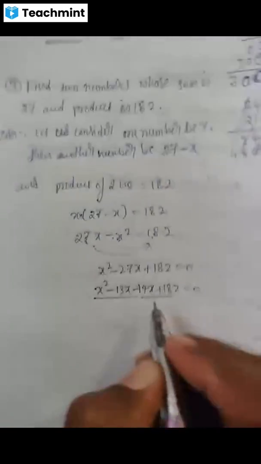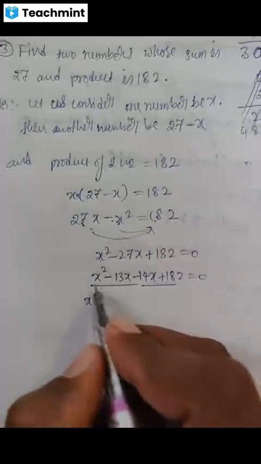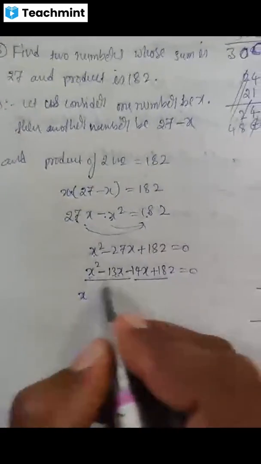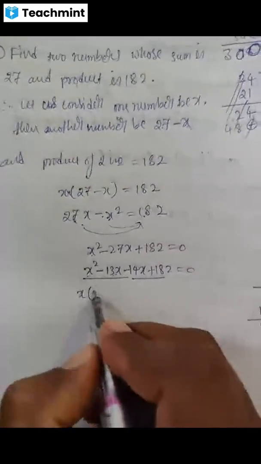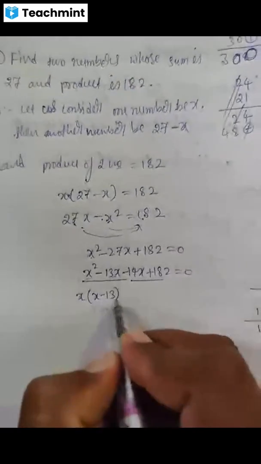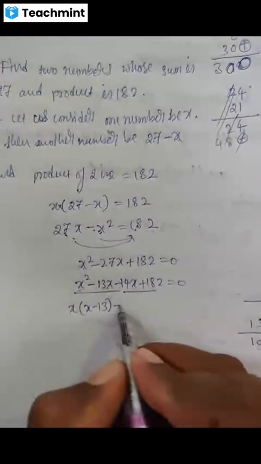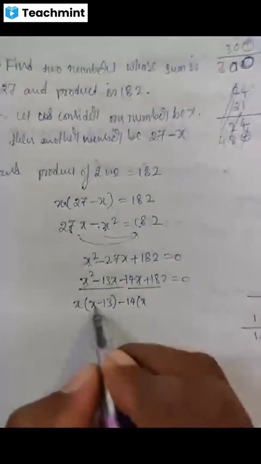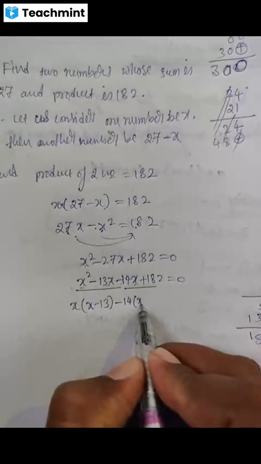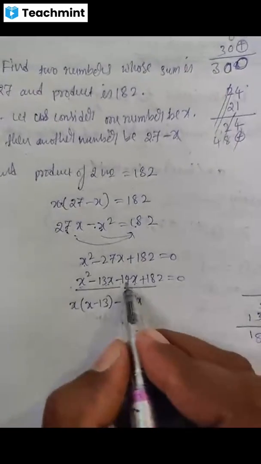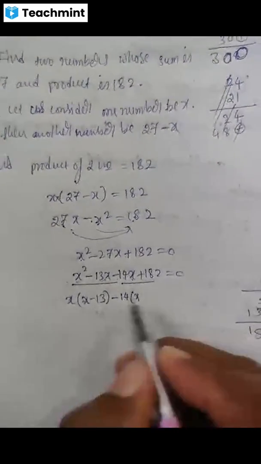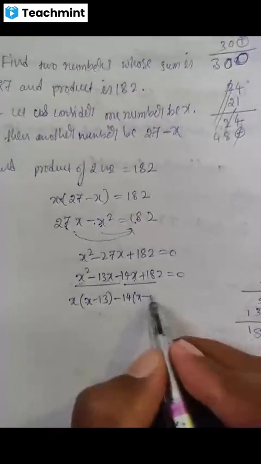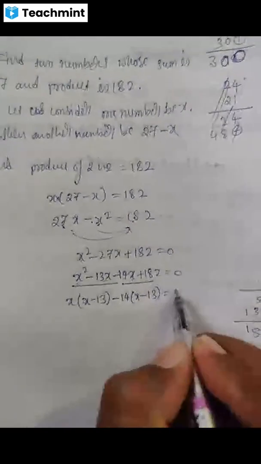So group the factors. If I take x common in between these two, what will remain? x minus 13 in the bracket. Again, if you take minus 14 common, to leave x, because the same should come in both brackets. So if I take 14 here, x remains. It is the same, equal to 0.